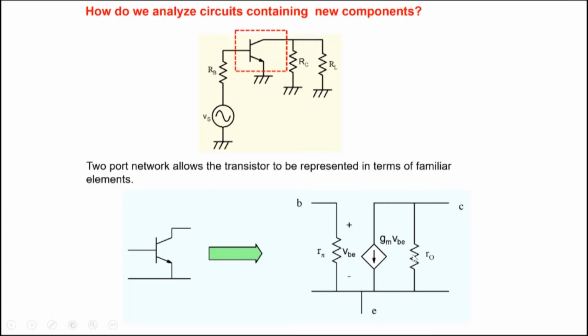So in this case 3, because the transistor is a specific device which we call unilateral, in the sense that the input affects the output, but the output does not affect the input here. So there is no effect of output on the input side of the terminal here. On the input pair of terminals, base and emitter are the input pair of terminals, collector and emitter are the output pair of terminals. So it's a 2-port network being represented by 3 elements here.